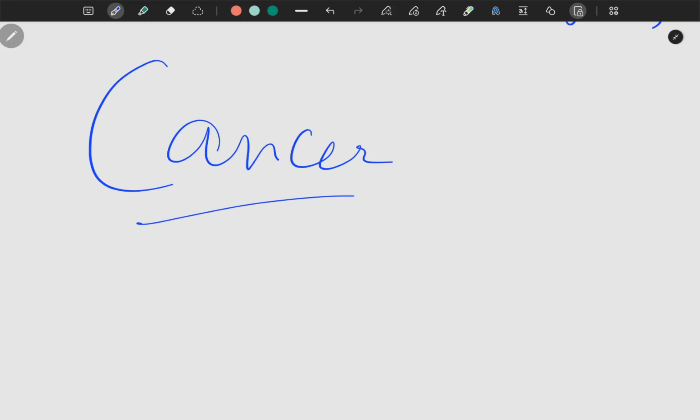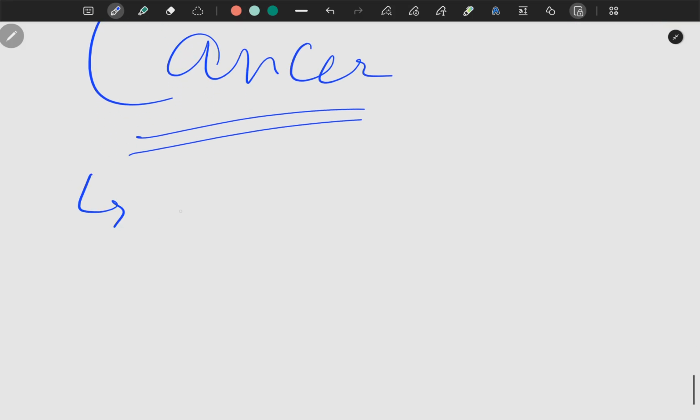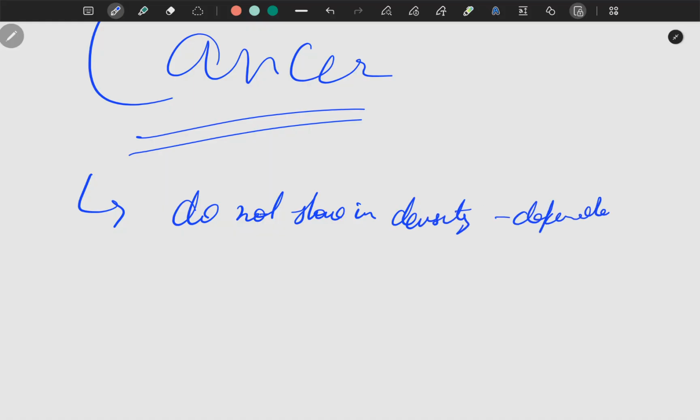Now, what happens if the cell doesn't follow these rules? This leads to a thing called cancer. How? Because they do not show density dependent inhibition. They pile up in layers.